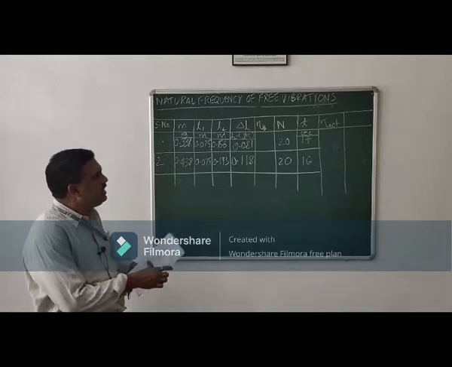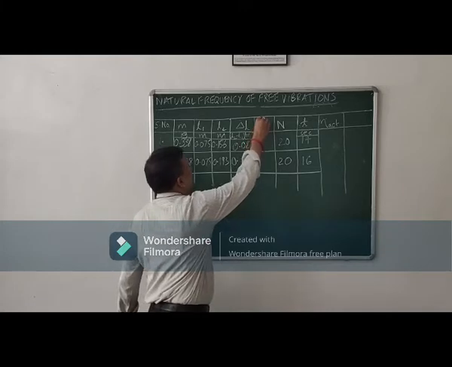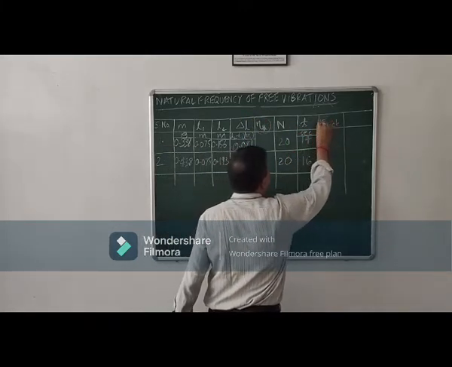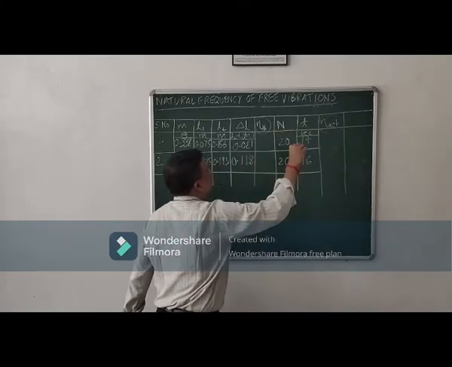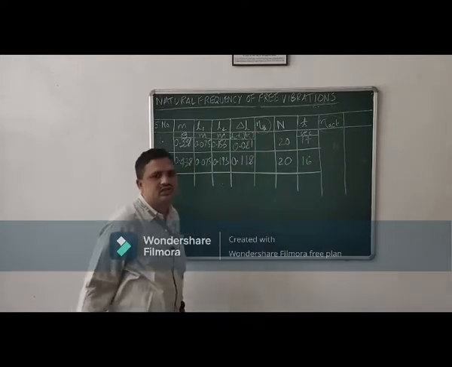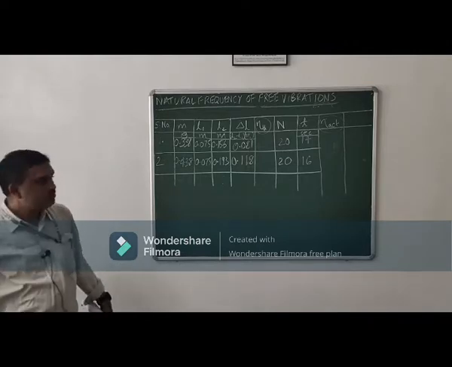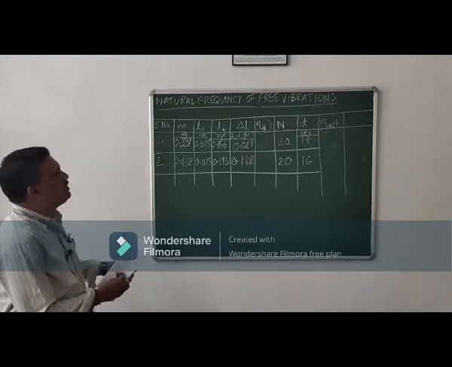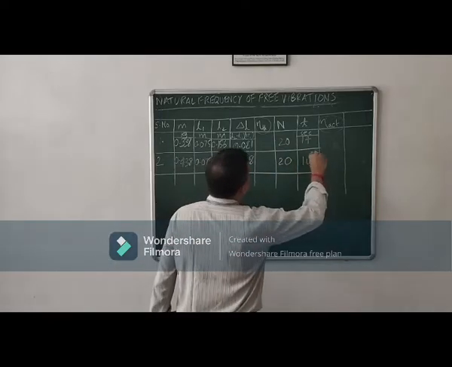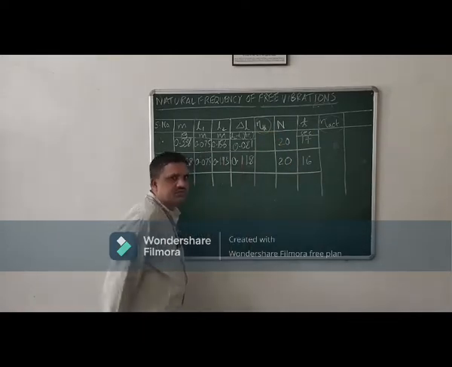So now from these readings, we need to calculate the theoretical natural frequency. So this is the theoretical natural frequency, and this one is the actual natural frequency, that is the experimental natural frequency. So once you calculate these quantities, we will be able to appreciate that there is a correlation between the theoretical and actual natural frequency, okay.